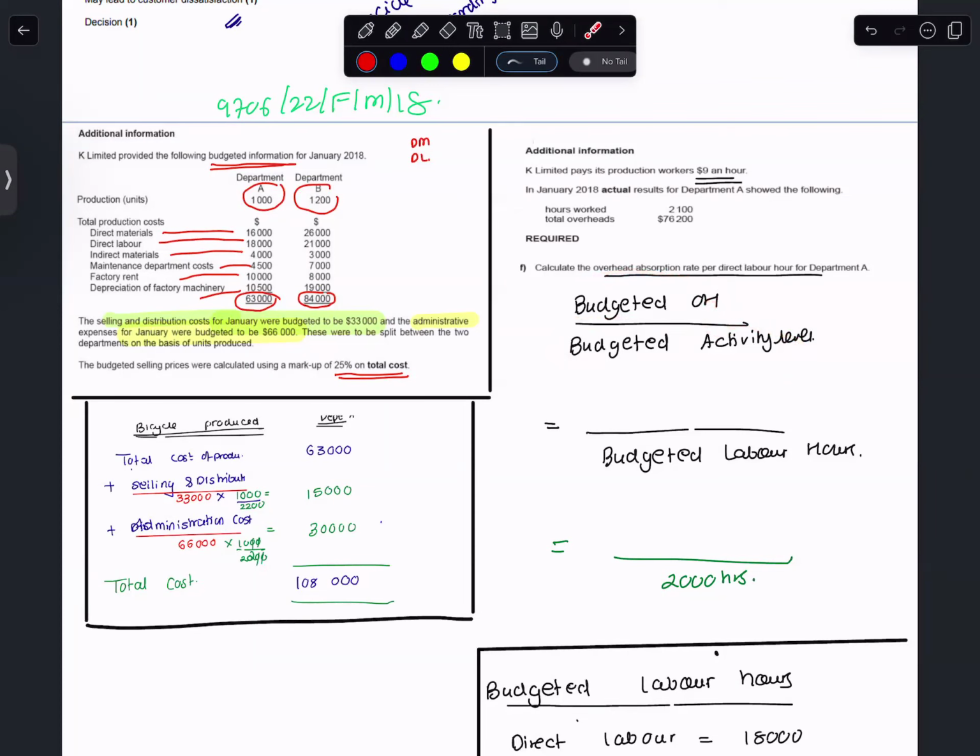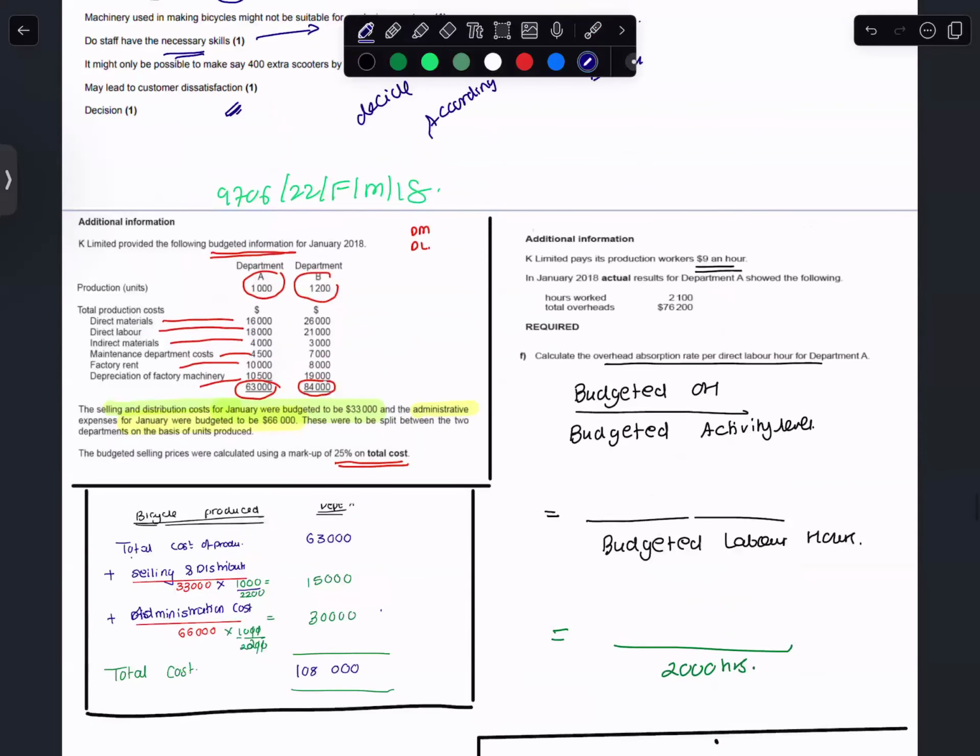When I talk about budgeted overheads, can you tell me what is the meaning of the term overheads? When I say overheads, overhead means indirect cost.